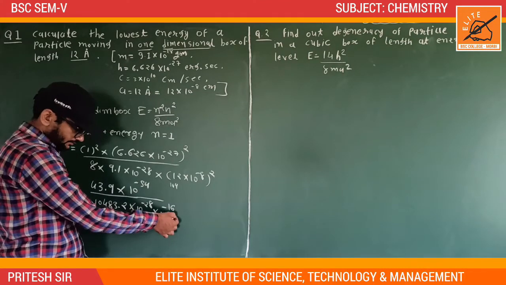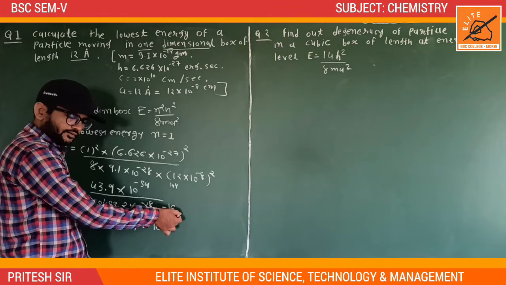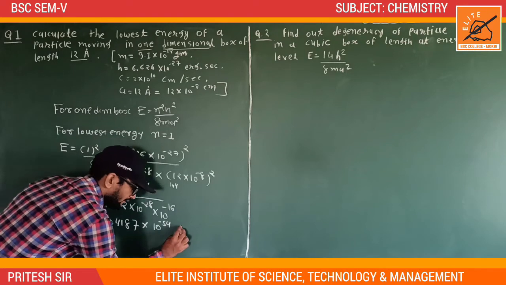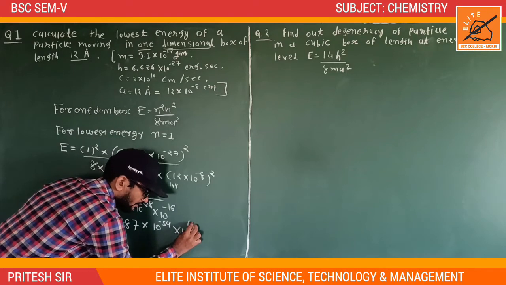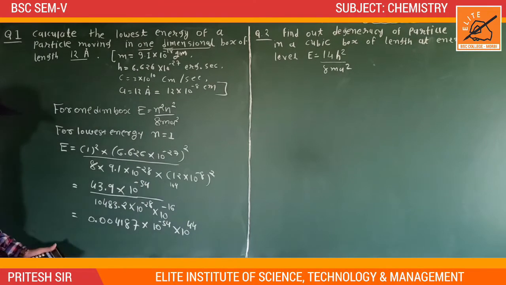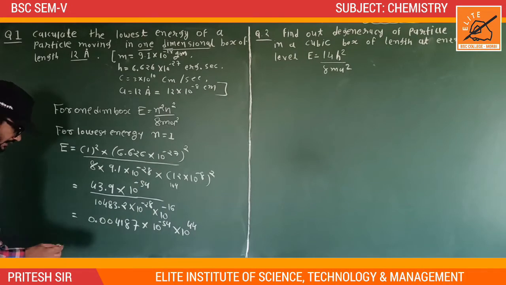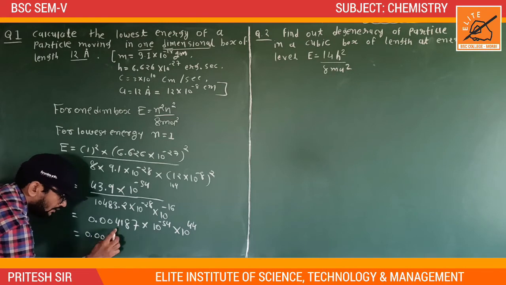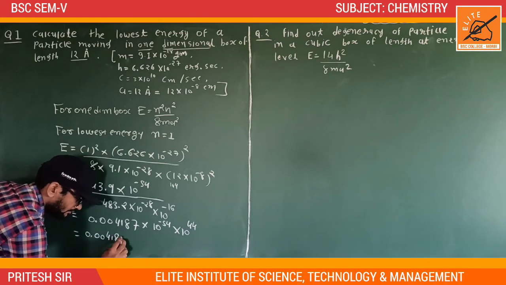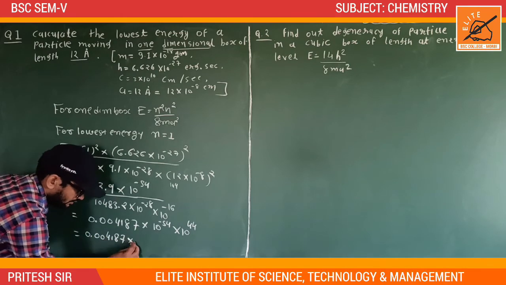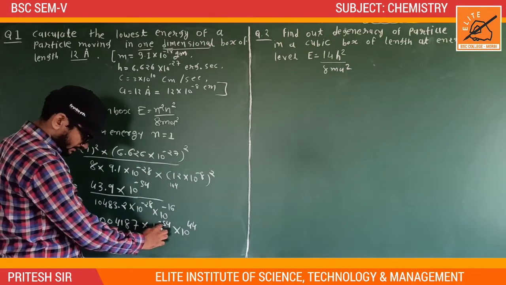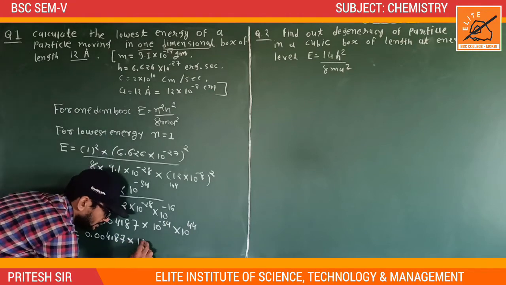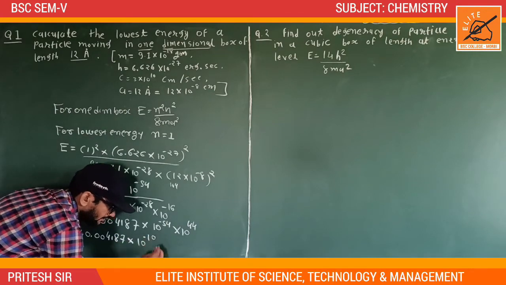If this 10 to the power minus 44 goes to the upper side, it becomes plus, that is 10 to the power 44. So it is 0.004187 into 10 to the power minus 54 plus 44, which is 10 to the power minus 10.